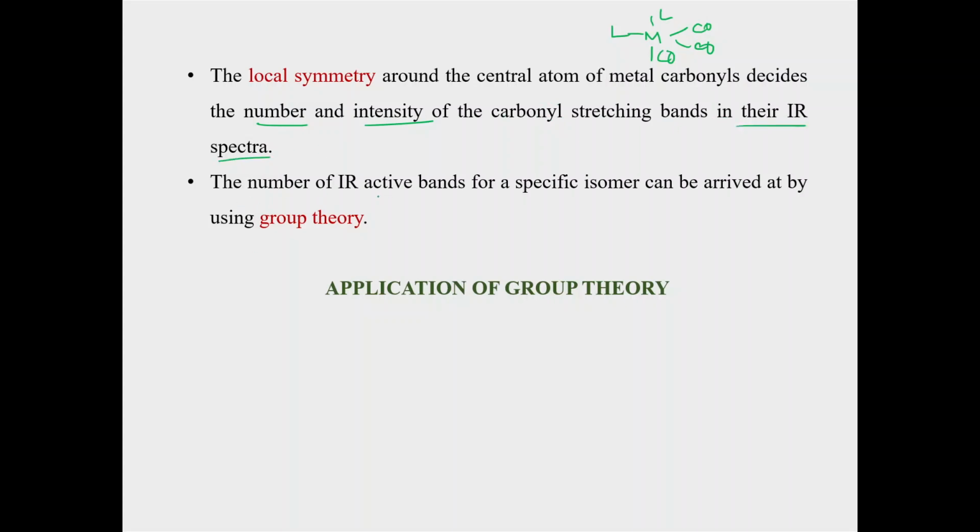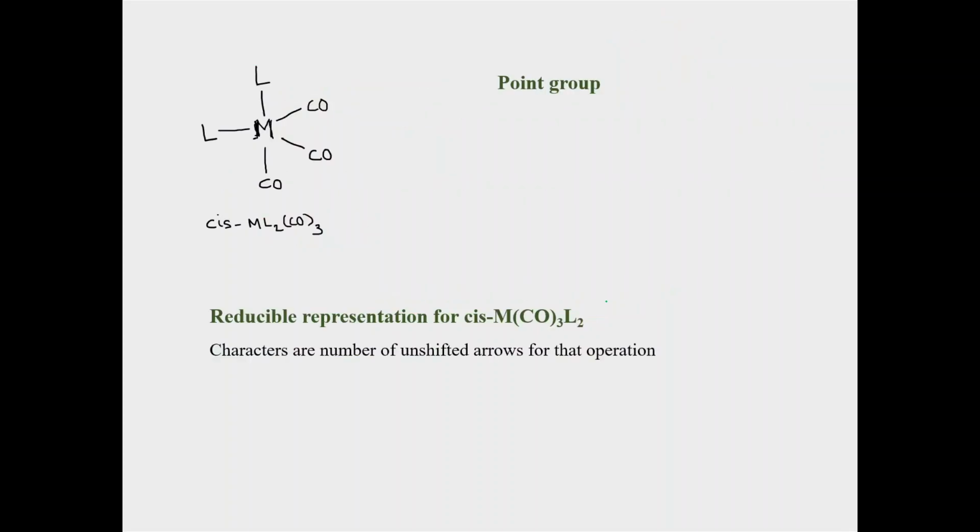The number of IR active bands for a specific isomer can be arrived at by using group theory. So finding out the number of IR active CO bands is one of the applications of group theory.